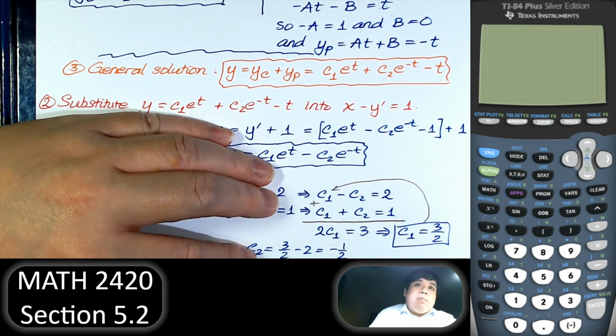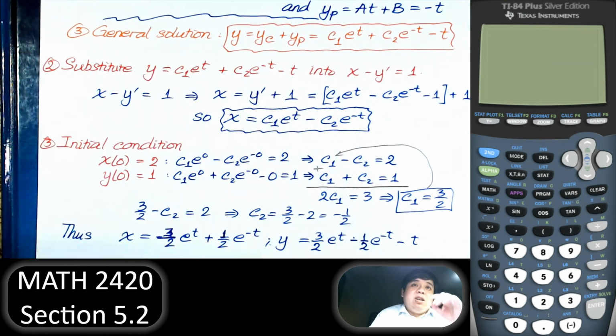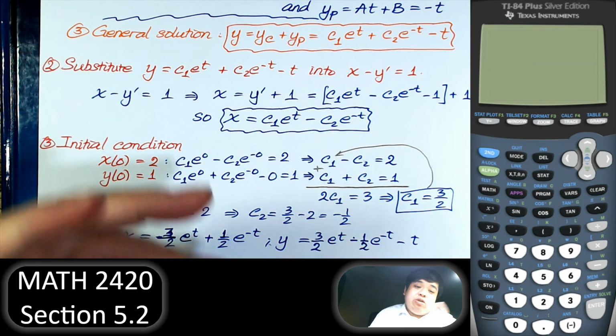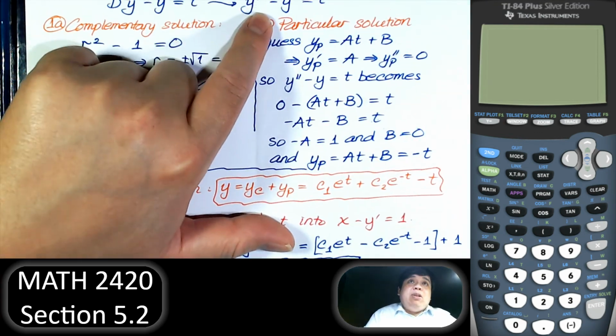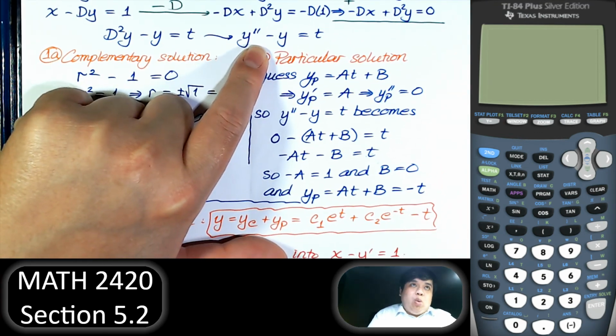In the homework on MyMathLab, since they want to simplify things, they should just tell you to eliminate X or eliminate Y. Just follow that. In this case, when we eliminate that, we have a non-homogeneous equation.